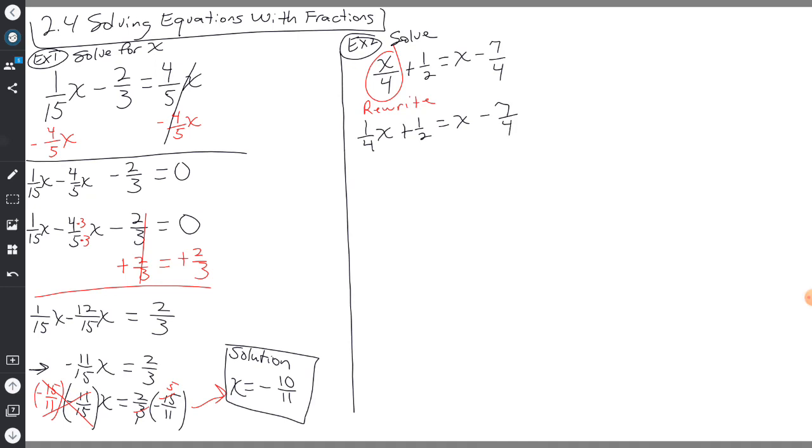Okay. Actually, go ahead and try to solve this one. Try it out. So what should we do first here? Okay, so do minus x, right?